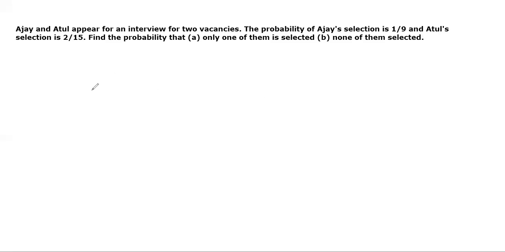Let us discuss this example. Ajay and Atul appear for an interview for two vacancies. The probability of Ajay's selection is 1 by 9 and Atul's selection is 2 by 15. So let's define the two events.